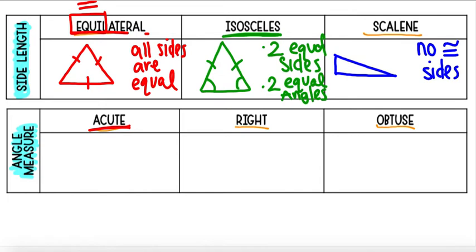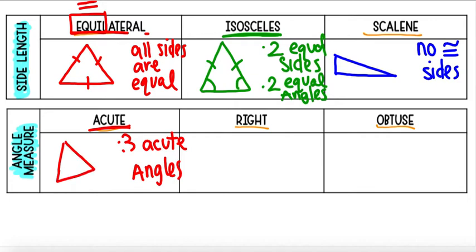So an acute triangle is when there are 3 acute angles within the triangle. Okay, and maybe you might see a triangle kind of like this, where all 3 angles are smaller than 90 degrees, right? And maybe I'll write that this is less than 90 degrees, all of them.